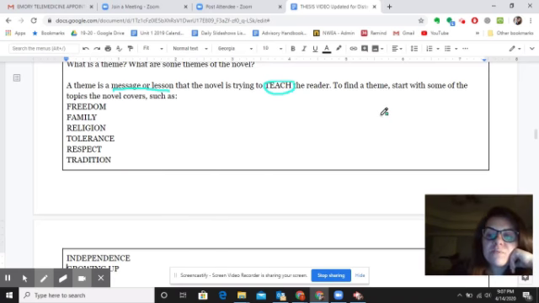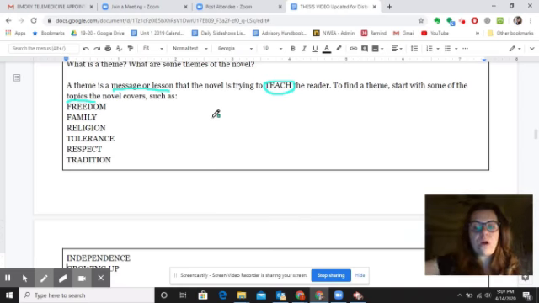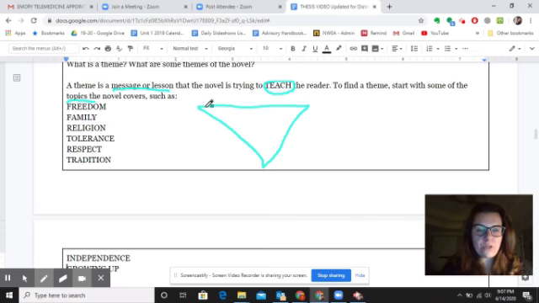To find the theme, start with some of the topics the novel covers. So we start with a topic. What are some of the big things that this book is about? Like big, broad. Think about the introduction. From your notes, I said it's kind of like a triangle. It goes from broad to specific. So the same thing happens when we write a theme. We start broad and then we get specific.